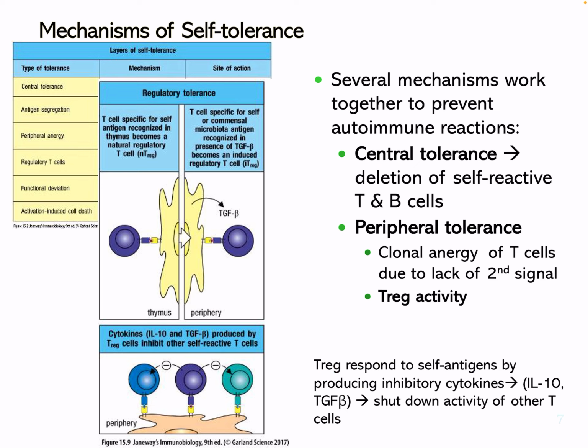So as we said, we have central tolerance, which is the deletion of self-reactive T and B cells. We also have peripheral tolerance, where we have clonal anergy of T cells due to the lack of a secondary signal. So that secondary signal, again, we talked about the CD40 ligand or the binding of CD28 to the B7 molecules.